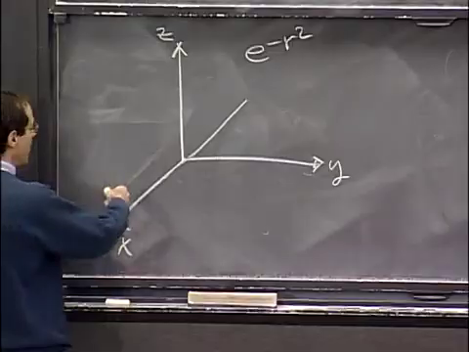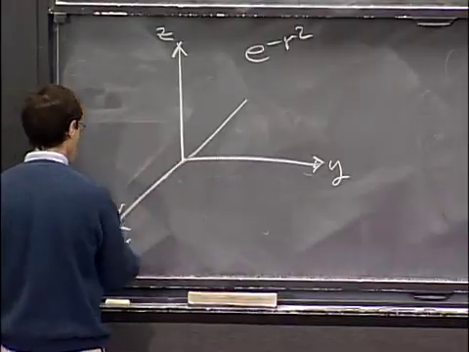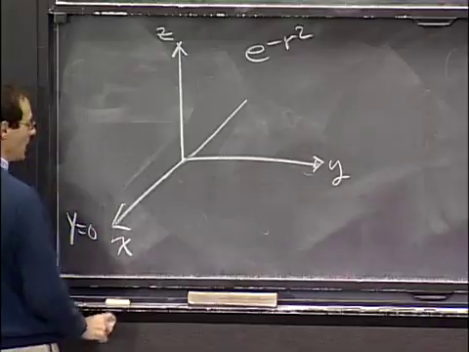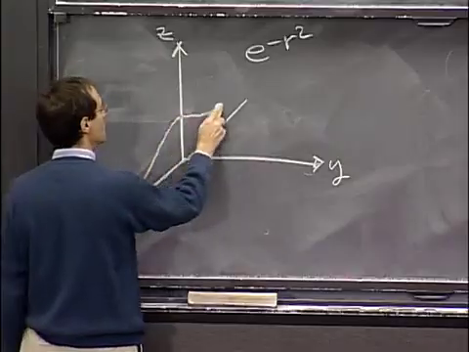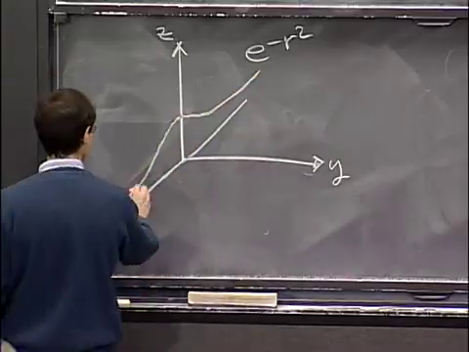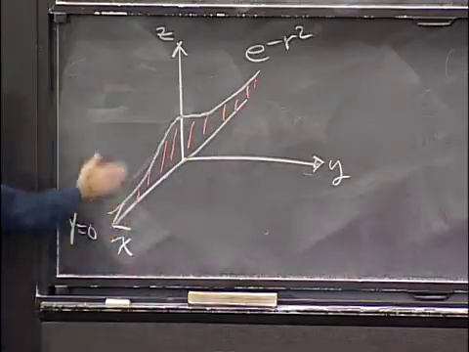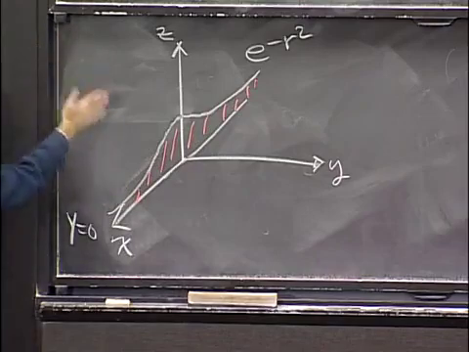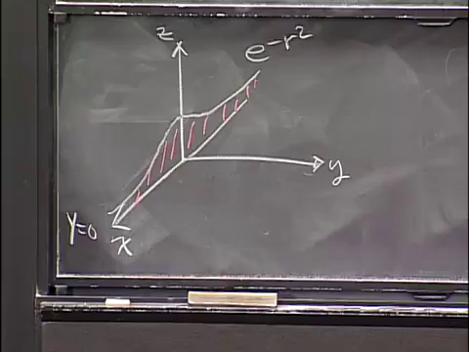And it's basically a hump. So I'm going to take the slice along y equals 0. And I claim that that goes up like this and then comes back down. And let me shade this in so that you can see what kind of a slice this is. This is supposed to be along this vertical plane here, which is coming out of the blackboard and coming towards you. And that's a slice.